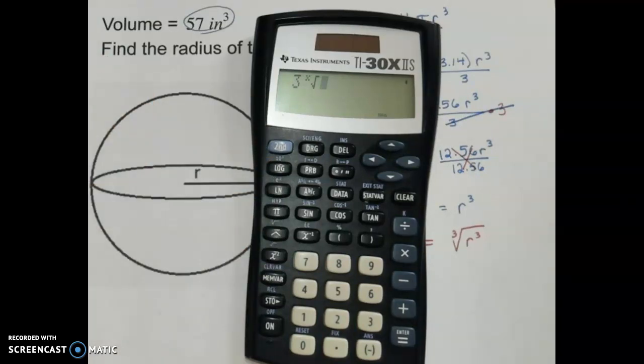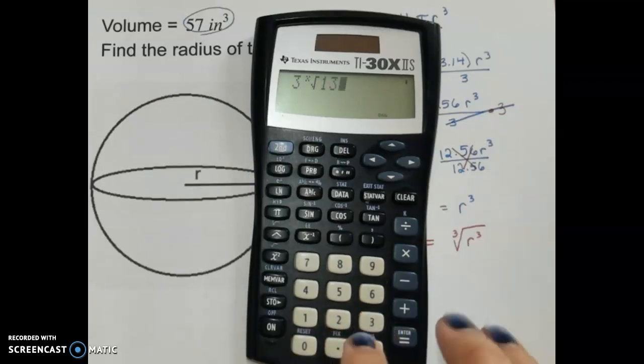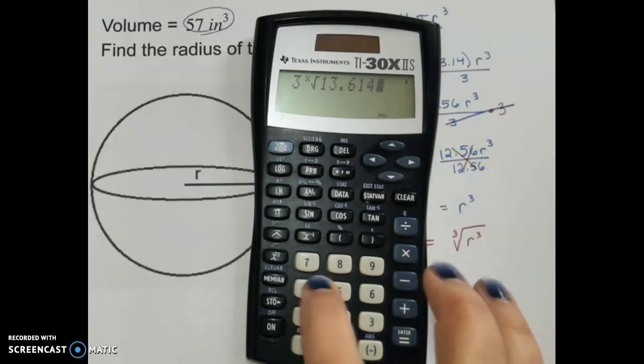Now take a quick look at the screen. This is what it's going to look like. This is telling us that we are cube rooting whatever number we're trying to find the cube root of. We're trying to cube root 13.6146.